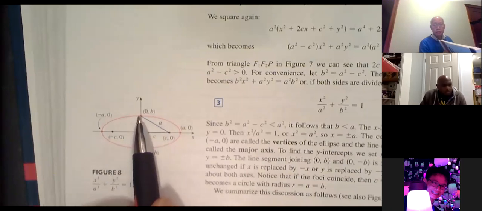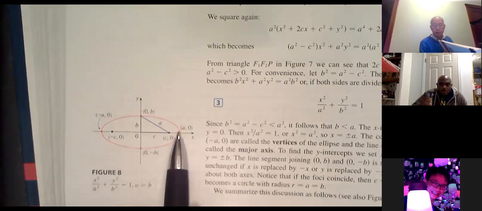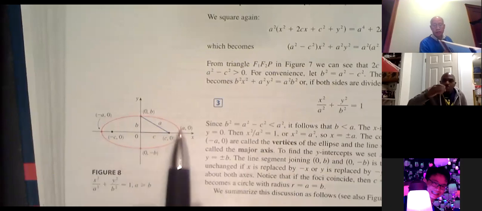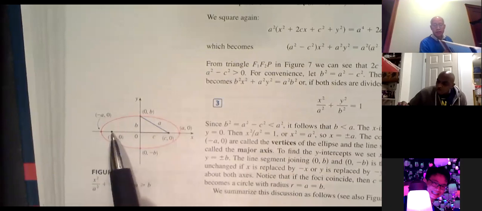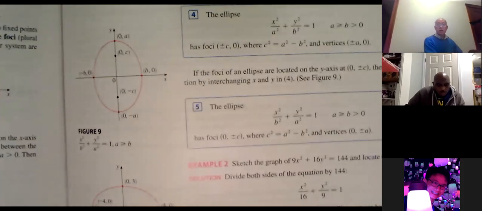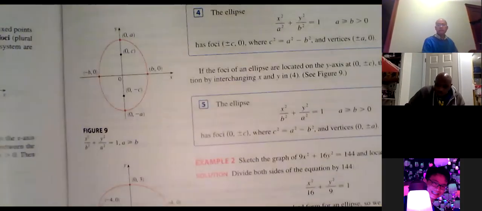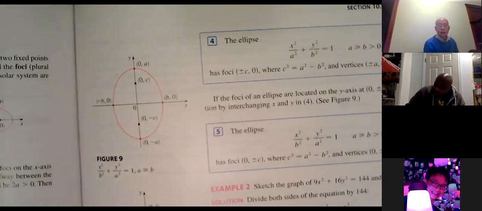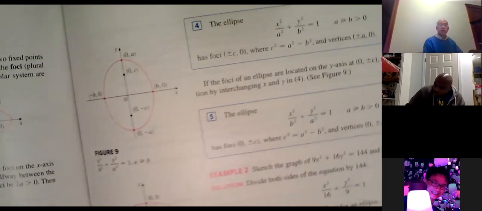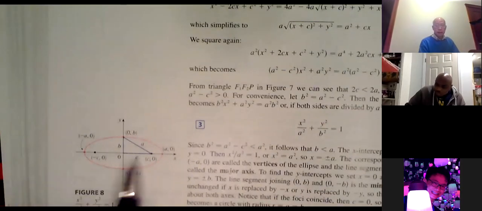You can also show that for this point here, if that's a,0, that's negative a,0. This distance plus this distance is also 2a. All right. So x squared over a squared plus y squared over b squared equals 1. The foci are plus or minus c,0, like this.